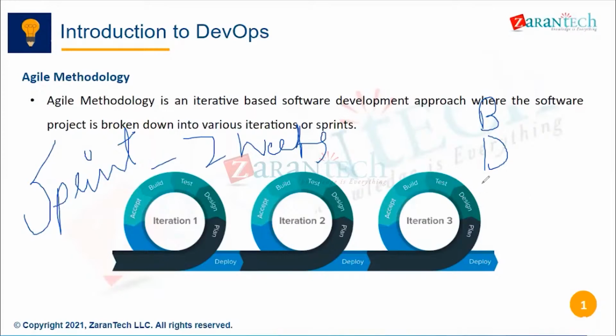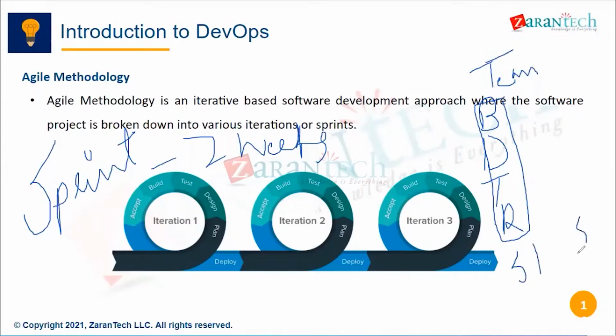We have testers and you have release engineers. All of them work as a single team. This is the team which works on sprint 1, sprint 2. That means every 2 weeks, all of them work together to go for a release.